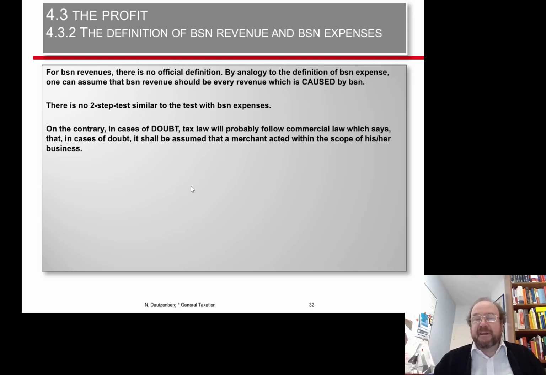On the contrary, in the commercial code, Handelsgesetzbuch HGB, there is even a rule that in all cases of doubt, it shall be assumed that the merchant acted within the scope of the business and not in private function. Good.